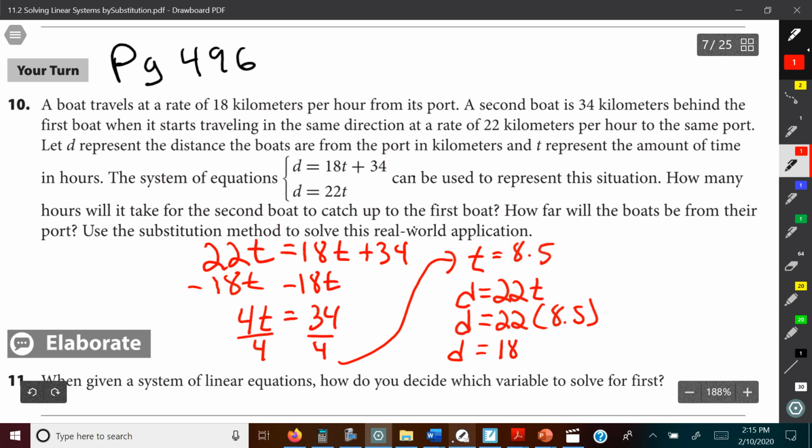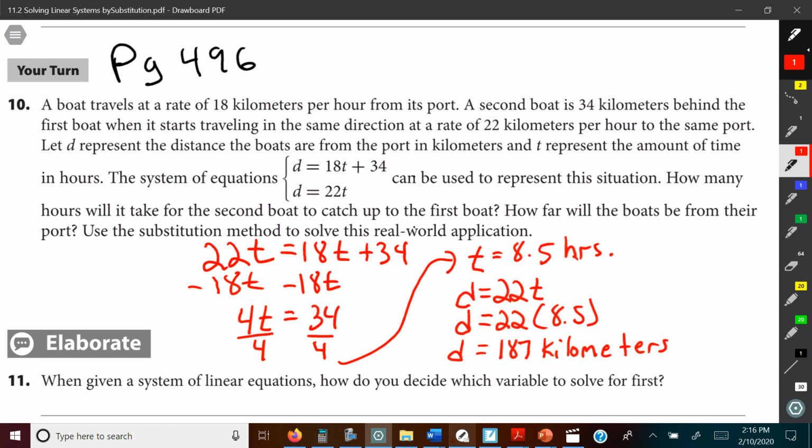So the distance where they're at the same distance from the port is going to be 187 kilometers. And this T is 8.5 hours. And that is solving a system of equations using substitution with a word problem.